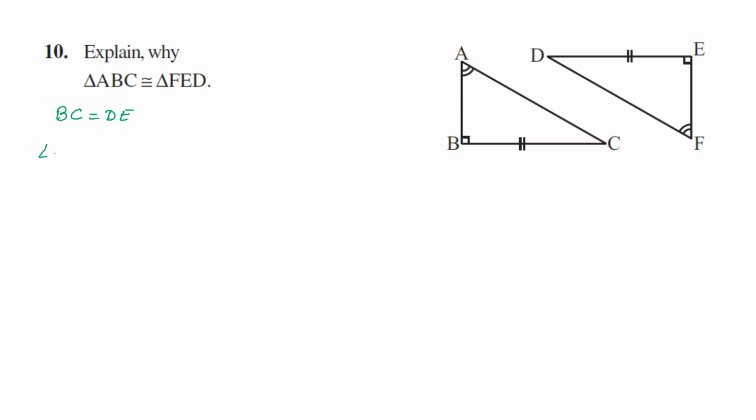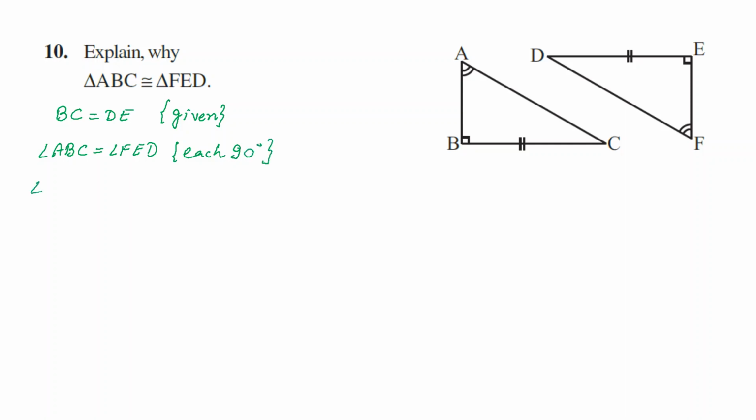Then angle ABC is equal to angle FED. Why is this? Because it is already given. Because each of them is given as 90 degrees.